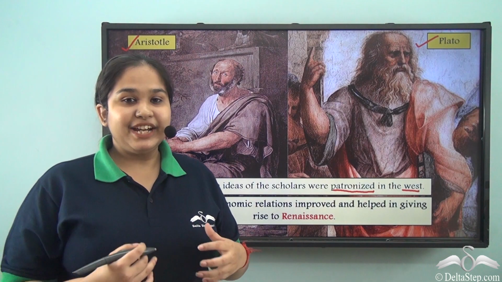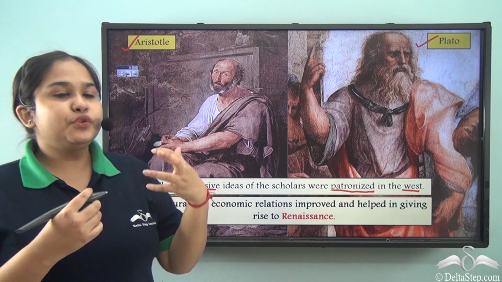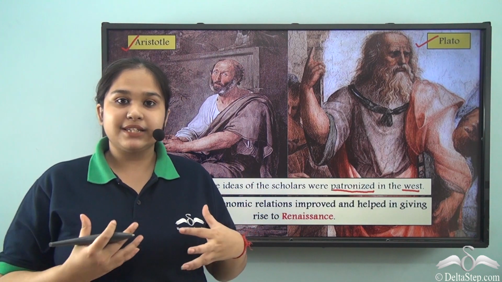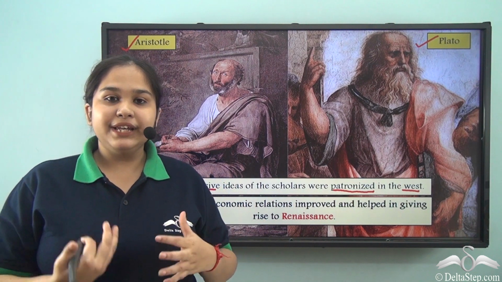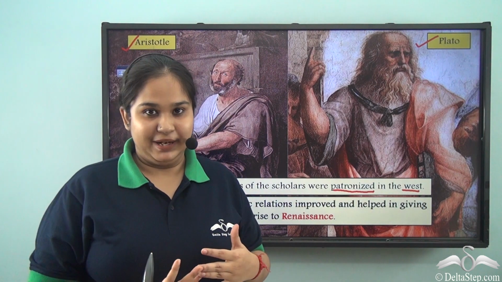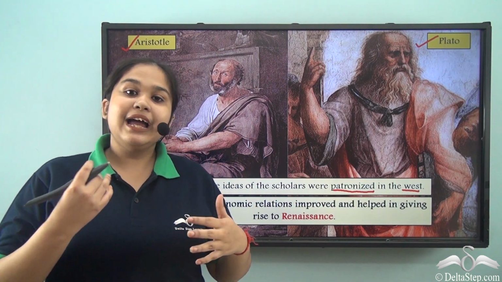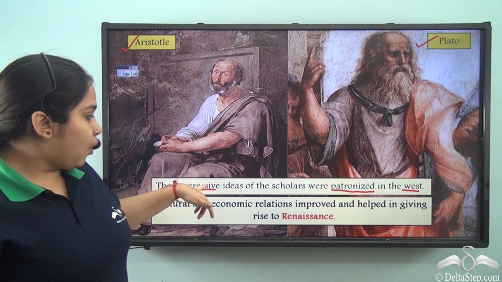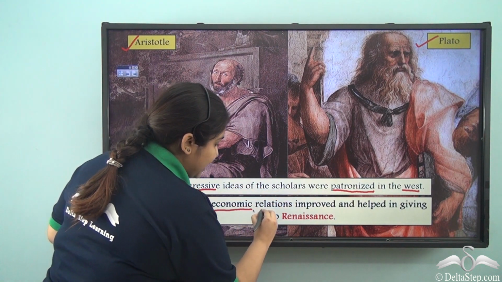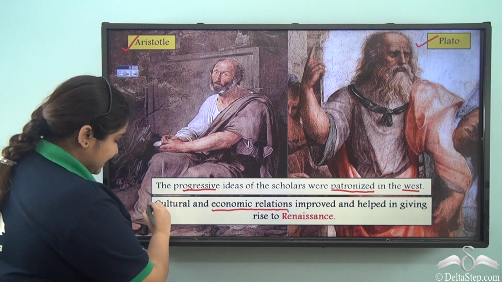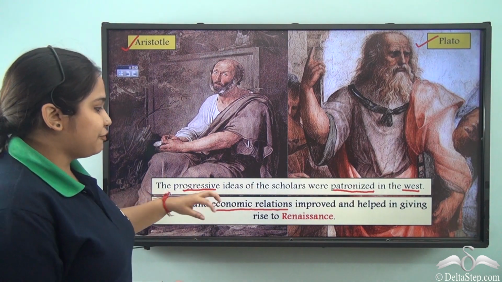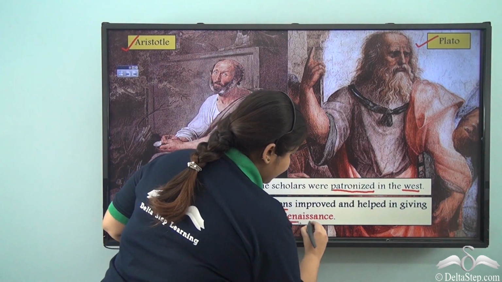This migration not only caused people to come and settle down in various places, but they were also bringing their culture, their ideas, and they were settling down in new places, right? This entirely happened because there was a growth in economic relations, which was due to the trade, as we saw, and this renewed idea of culture was reflected in the age of Renaissance.